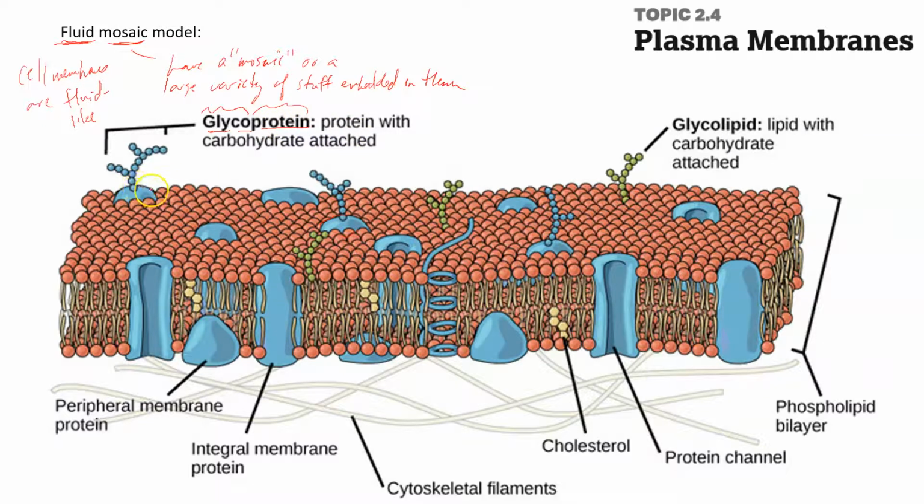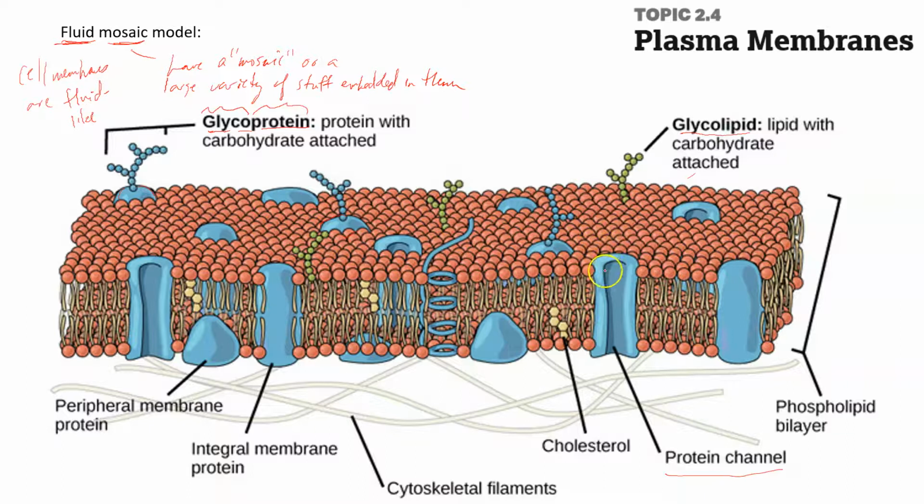That's carbohydrate, and proteins. It's a combination of a carbohydrate and a protein. These proteins are kind of embedded in here. These carbohydrate chains kind of come off of them. Glycolipids also exist. There's lipids that are embedded in this cell membrane. So a glycolipid is a lipid with a carbohydrate attached to it. Protein channels, this is something I want you to know because we're going to be talking about these quite a bit.